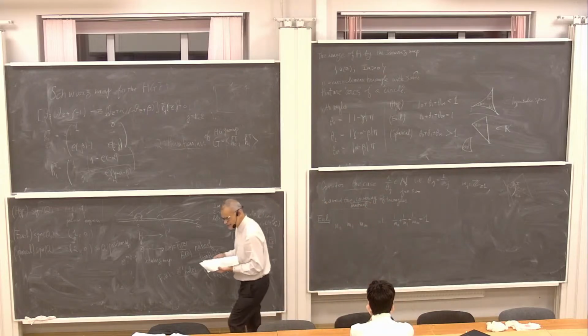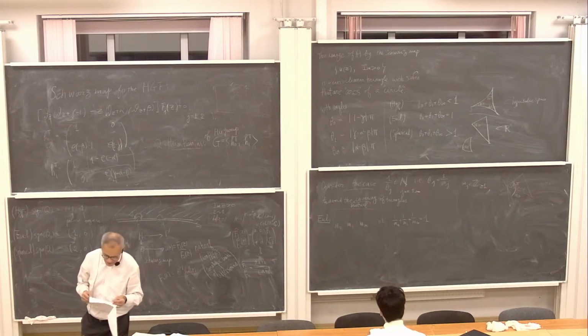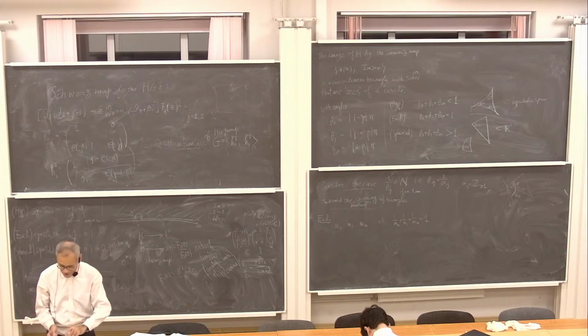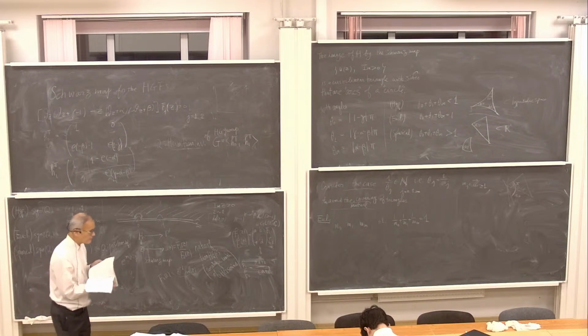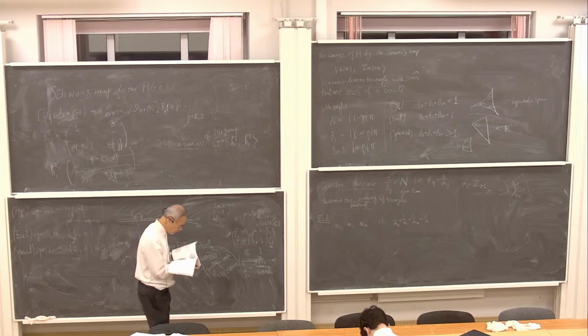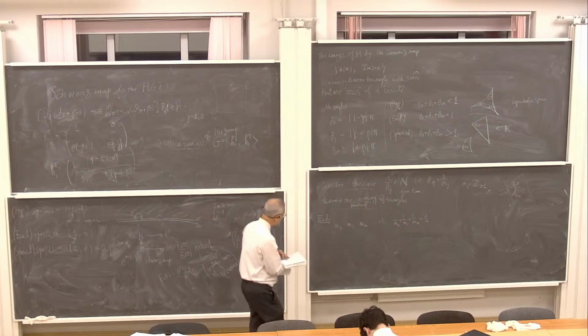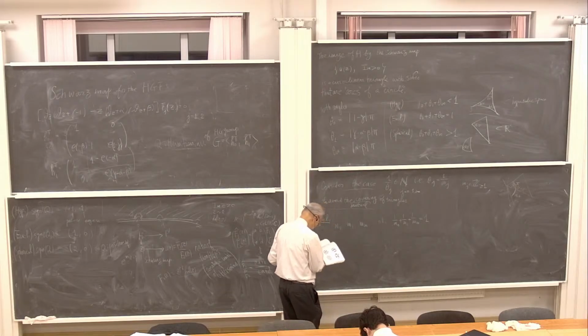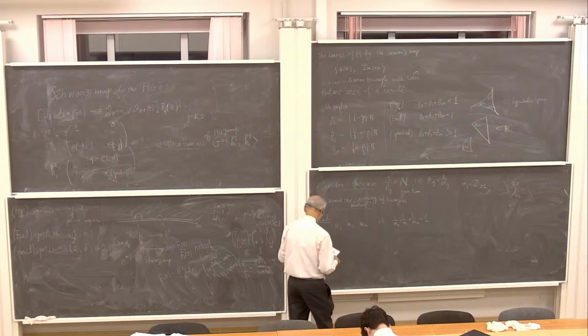And you understand that such kind of triple is finite. There are only a finite number of such triples. And the triples can be completely classified.